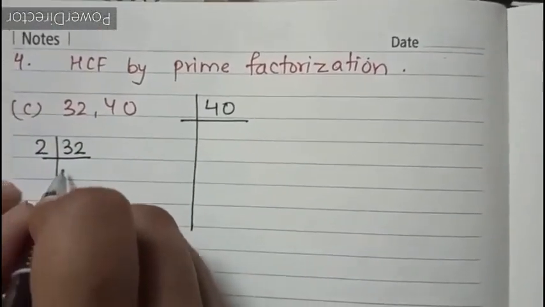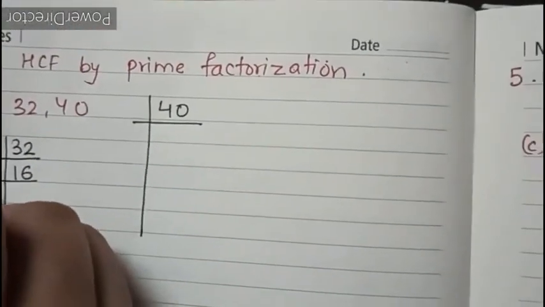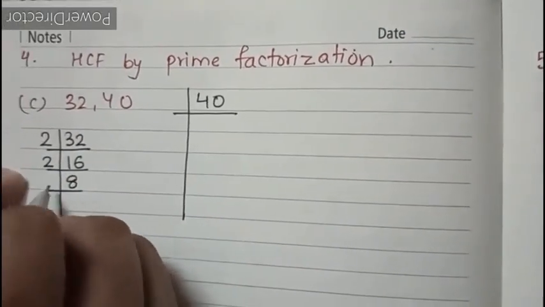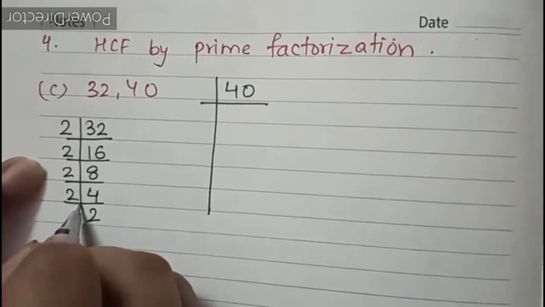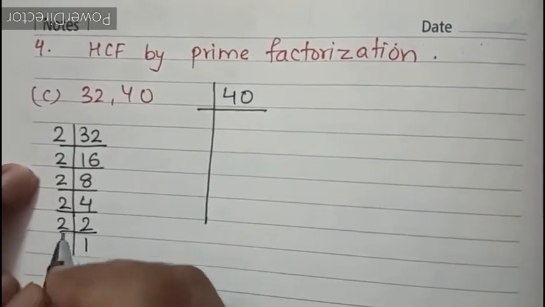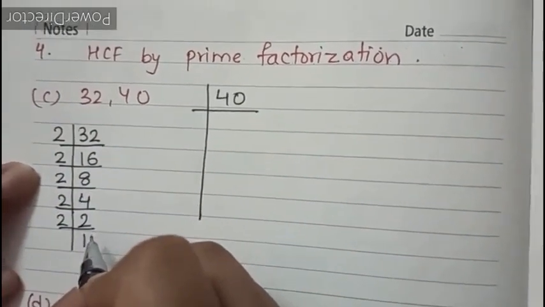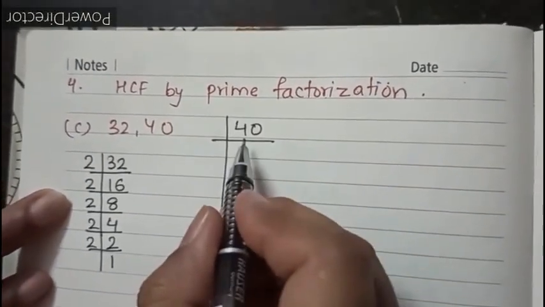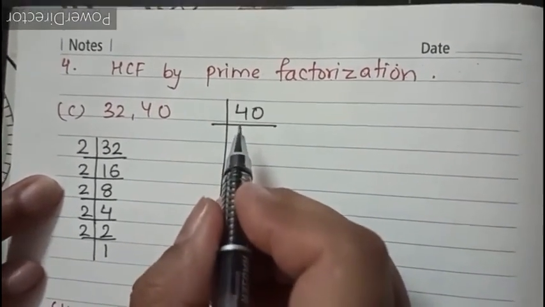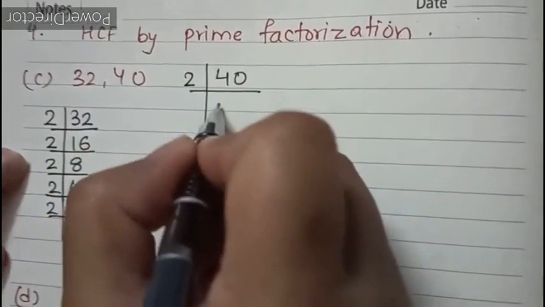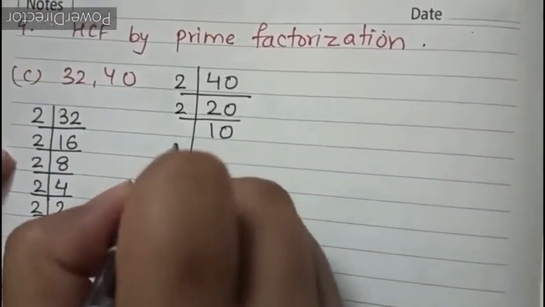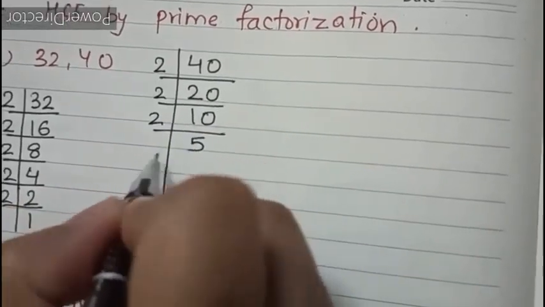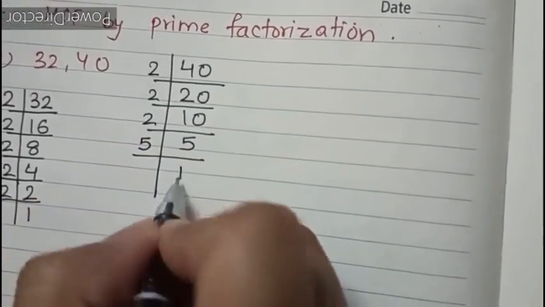As we know, 2 16s are 32, 2 8s are 16, 2 4s are 8, 2 2s are 4, 2 1s are 2. So I have done prime factorization of the first number. Now we will do prime factorization of 40. So 2 20s are 40, 2 10s are 20, 2 5s are 10 and 5 1s are 5.